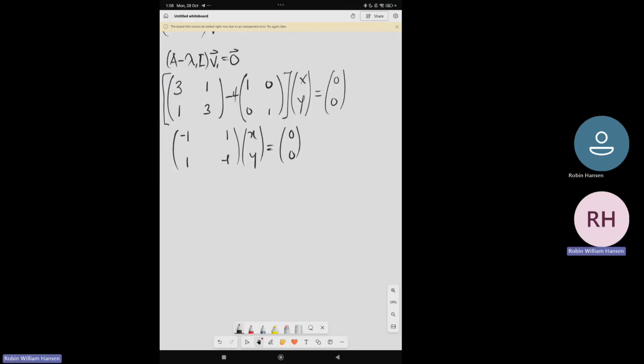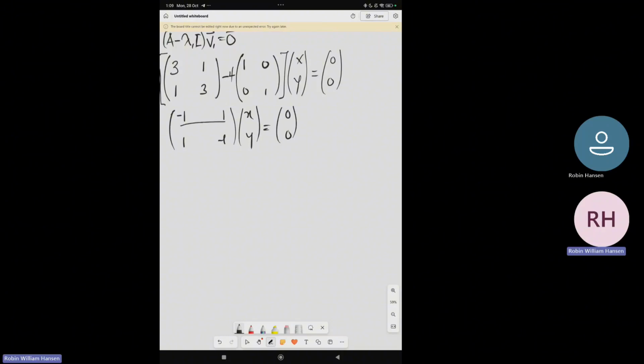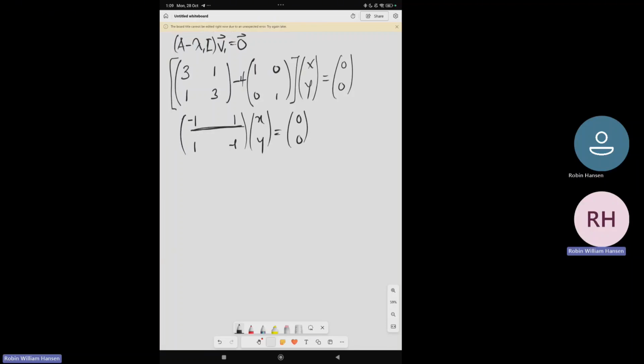Now we just need the first part. Is that okay? Matrix multiplication. Whenever you have a matrix, you know how to multiply a 2 by 2 matrix. So we have minus x plus y equals 0.